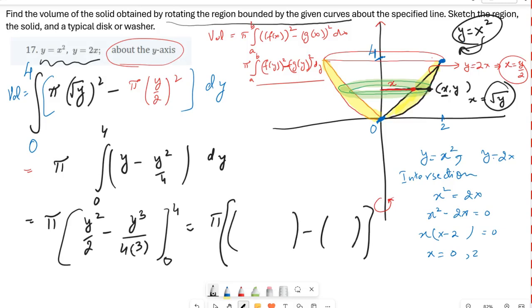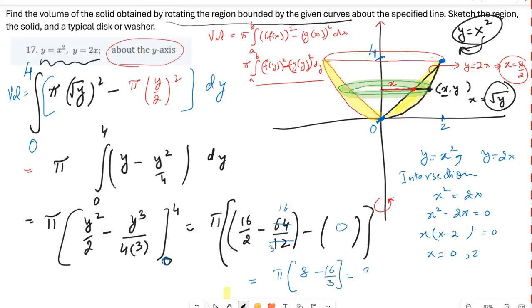When I put in the upper limit, it's going to be 16 by 2 minus 64 by 12. And when I put in the lower limit, everything is just going to turn to 0. So we have this as pi times (8 minus 16 by 3). Basically, that is 8 pi by 3.